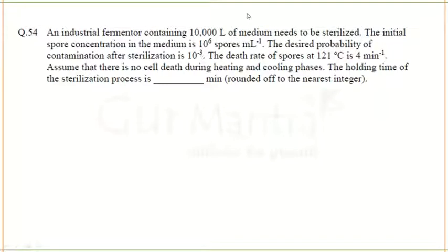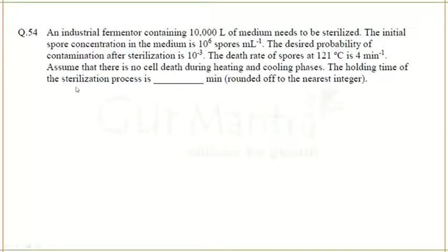The death rate of the spores at 121 degrees Celsius is 4 per minute. Assume that there is no cell death during the heating and cooling phase.